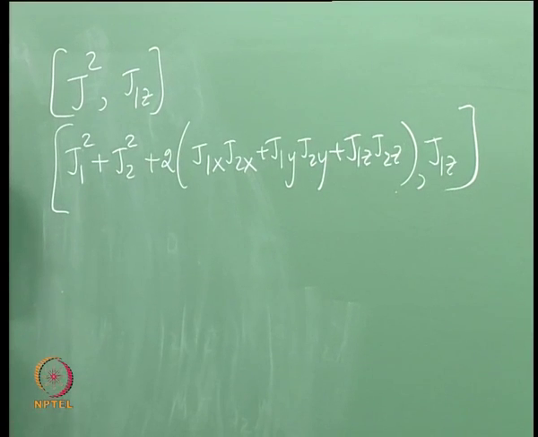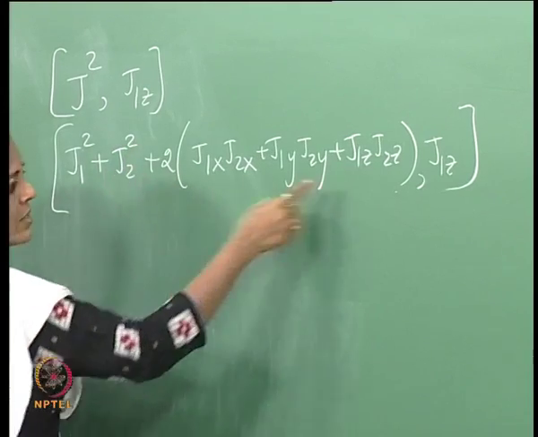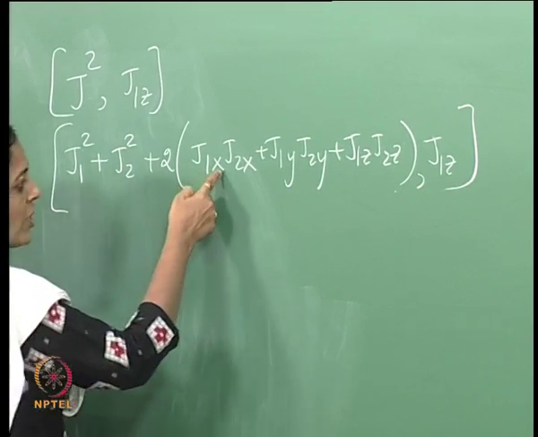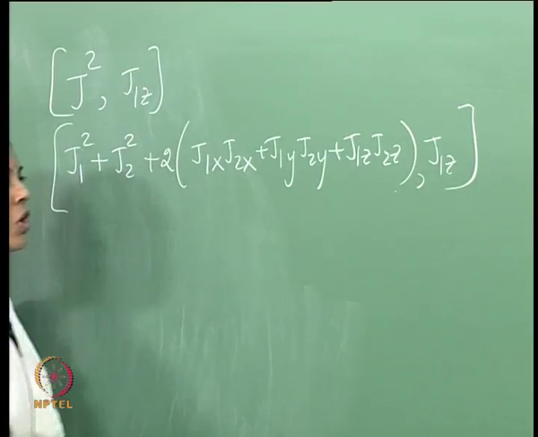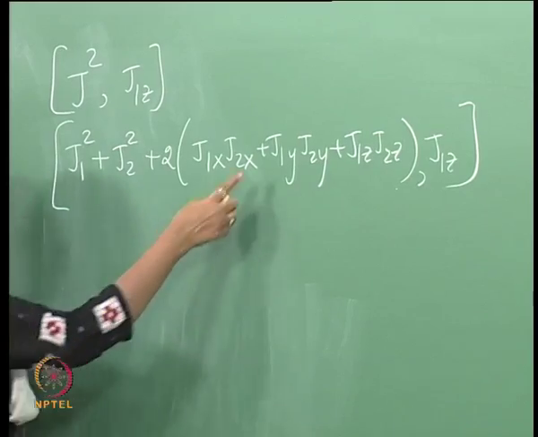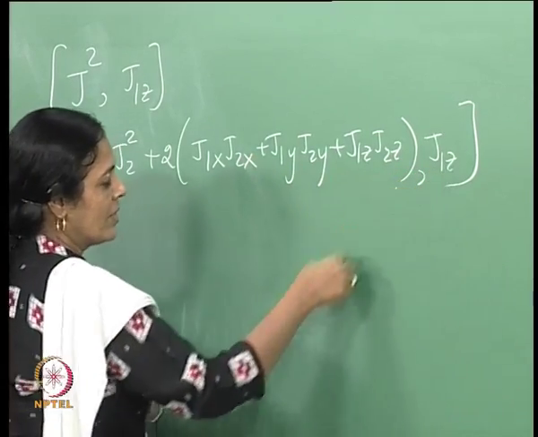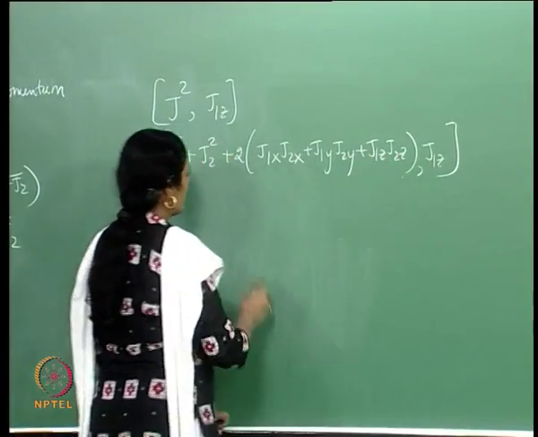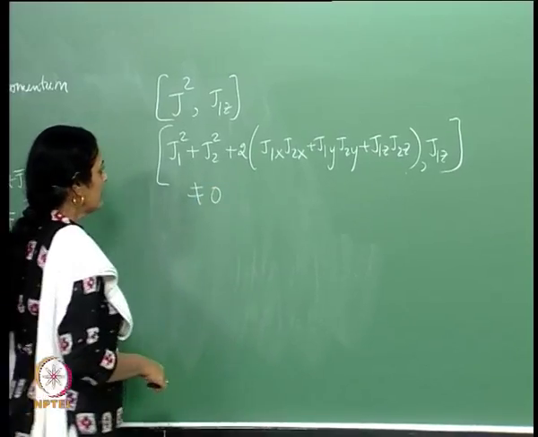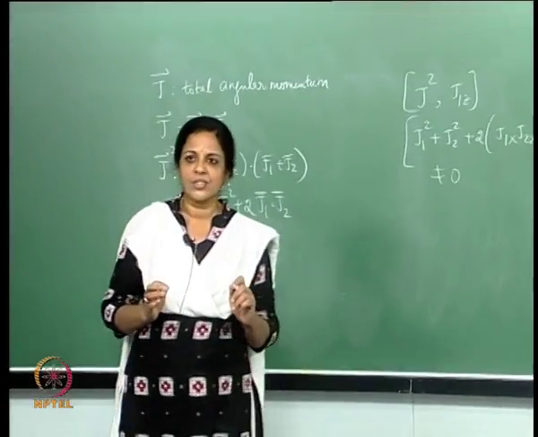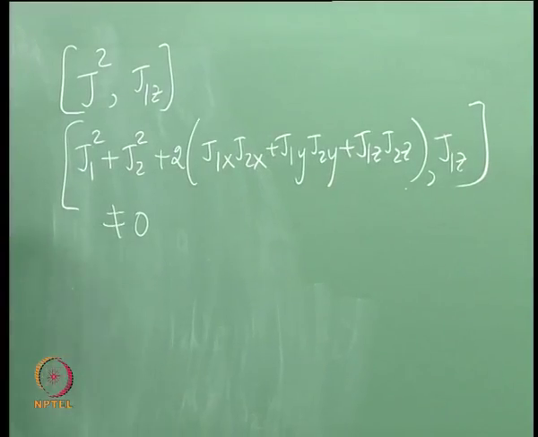They have a complete set of common eigenstates labeled by j1 m1. j2 squared commutes with j1z because they are two different systems. But here j1x, j1z do not commute with each other. In fact, they give me j1y. Similarly, j1y commutator with j1z is proportional to j1x. The third term, of course, commutes. So in general, this is not 0. It is not possible for me to find a complete set of common eigenstates of j squared and j1z.